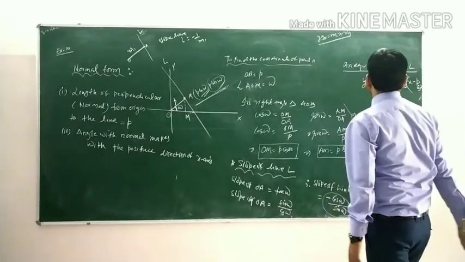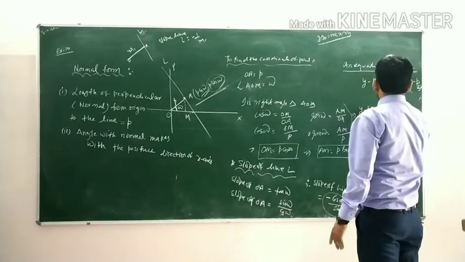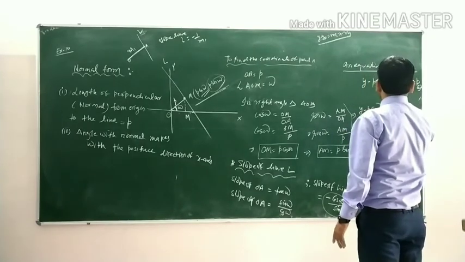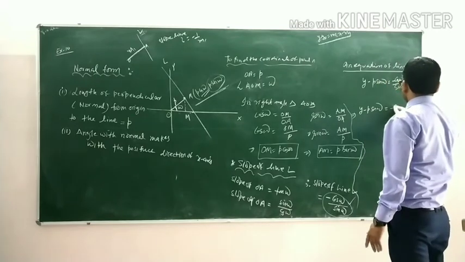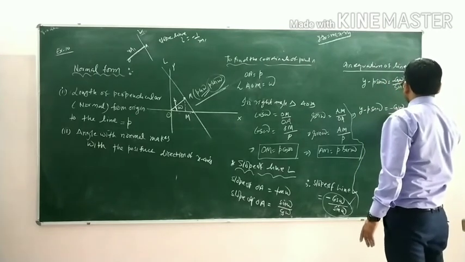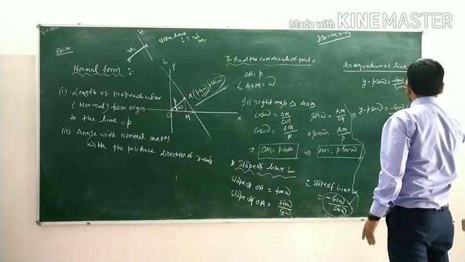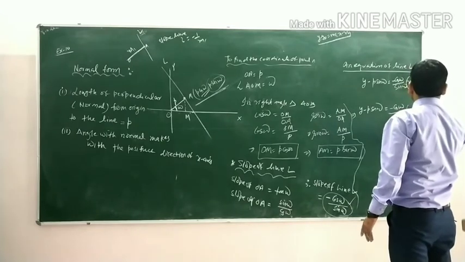This implies that y minus P sin omega is equal to minus cos omega upon sin omega into x minus P cos omega.